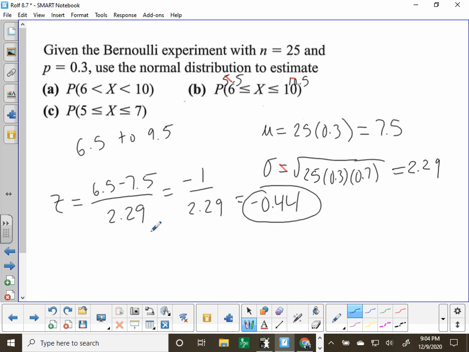So that's that. I have to look at that z-score. My other z-score would be 9.5 minus 7.5 divided by 2.29. So that's going to be 2 divided by 2.29.